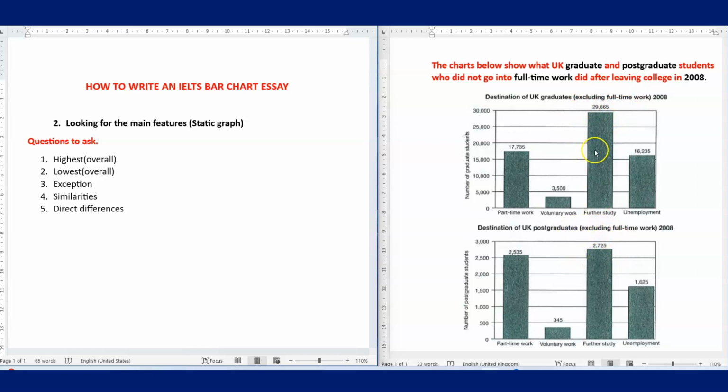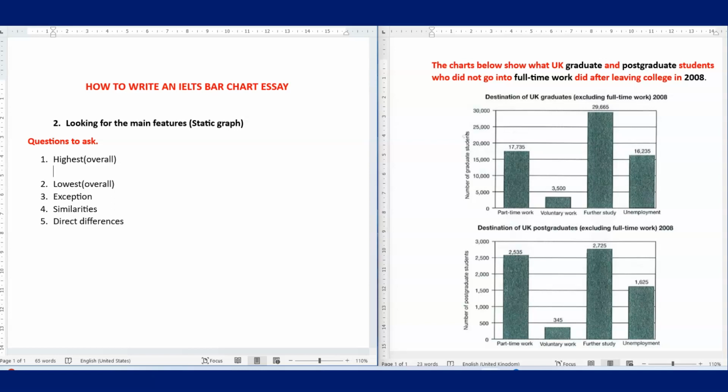So as you can see here, the highest among all of them was the graduate students who actually furthered their education. In both, we have those who further their education. Furthering the education is their utmost priority. You get it? So we can see that furthering education is the utmost priority of those students, either the graduates or postgraduates. So we have recorded the highest overall for the graduate student.